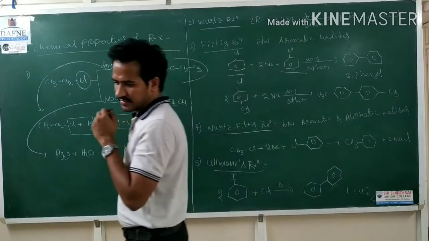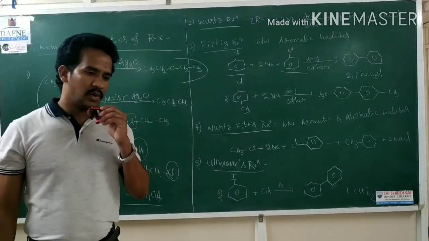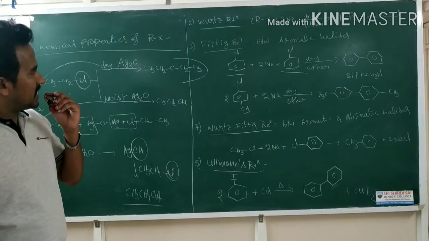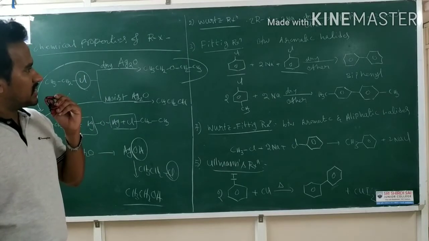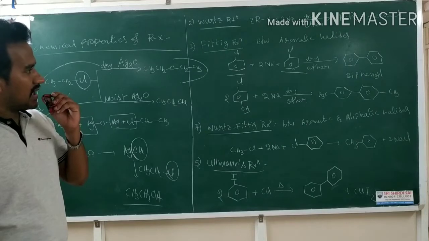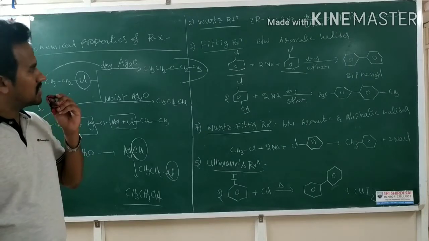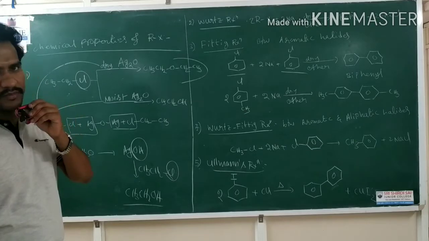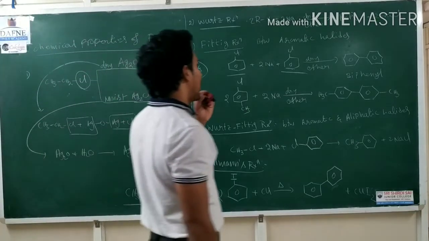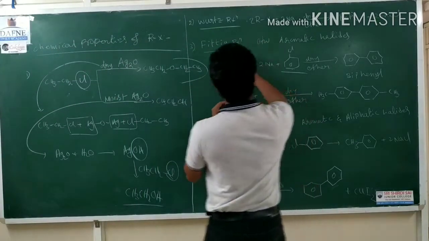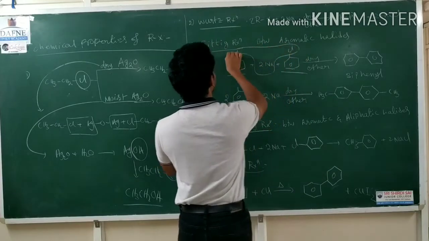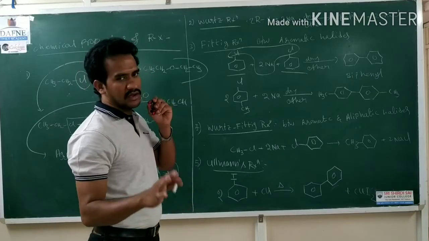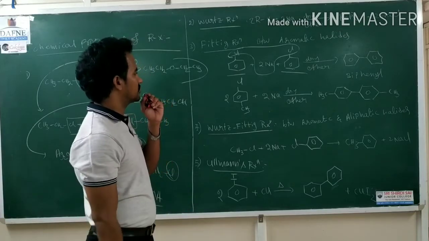Wurtz reaction is only between aliphatic halides. In the Fittig reaction, it is the reaction between aryl halides, that means chlorobenzene, bromobenzene, iodobenzene with sodium. The product is biphenyl, so two phenyl rings are combined with each other, as in the Wurtz reaction.